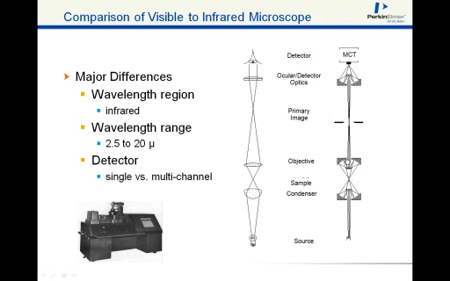What is not absorbed by the sample is then transmitted up to the second Cassegrain, through slits if you're doing point mode, through a third Cassegrain, and then focused on the detector. The magnification is a little different. The magnification in infrared is basically 1. We try to re-image the sample at the detector, which is a little different than the visible microscope, where you have to make things bigger for your eye.